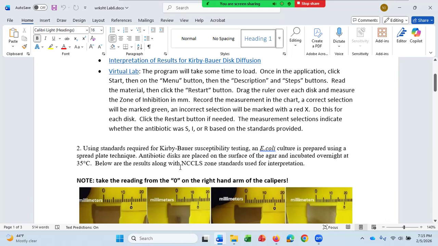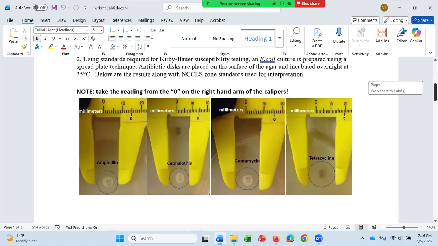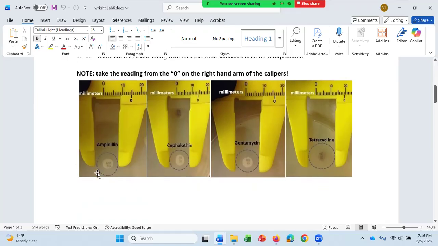Antibiotic discs are placed on the surface of the agar and incubated overnight at 35 degrees Celsius. Below are the results with the NCCLS zone standards used for interpretation. So there is the size of the zone of inhibition for ampicillin, cephalothin, gentamicin, and tetracycline.